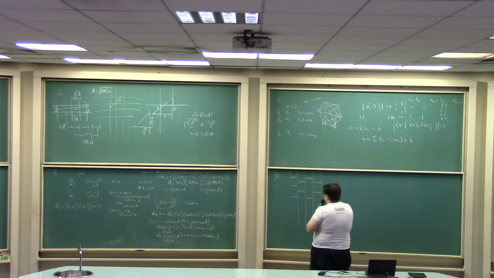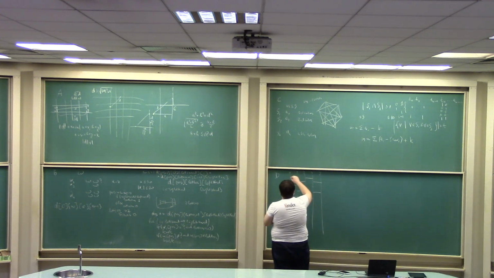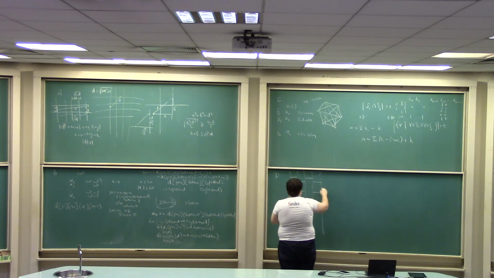So, for example, in here, the first traveler will end up here, the second traveler here, the third traveler here, the fourth traveler here, the fifth traveler here.